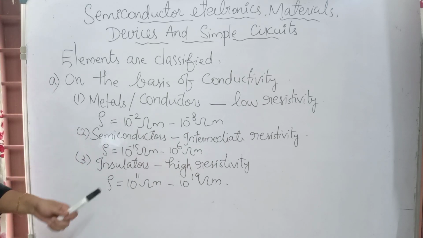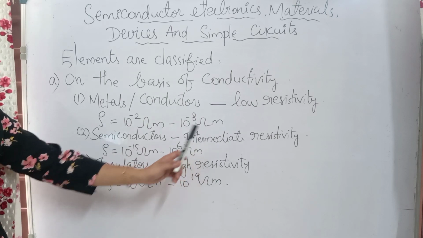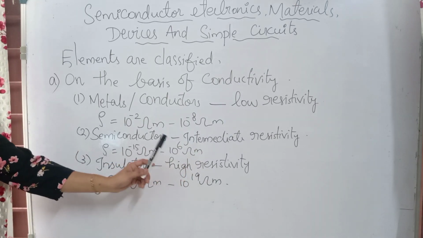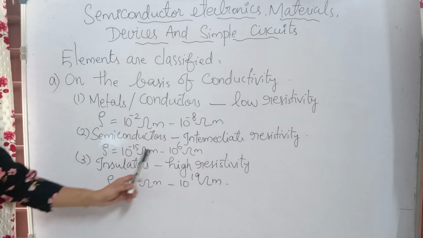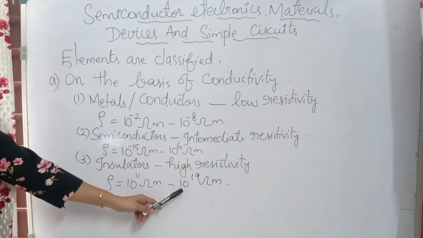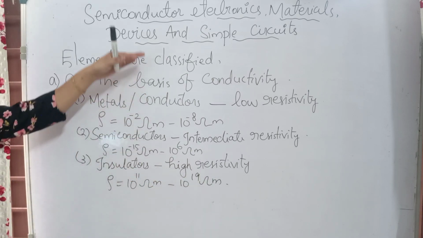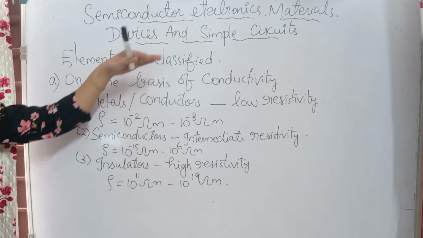Insulators are non conducting materials. So in such a case the resistivity will be very high and conductivity will be very low. So the value of resistivity lies between 10 raised to 11 ohm meter and 10 raised to 19 ohm meter. So this is all about the classification of elements on the basis of conductivity.